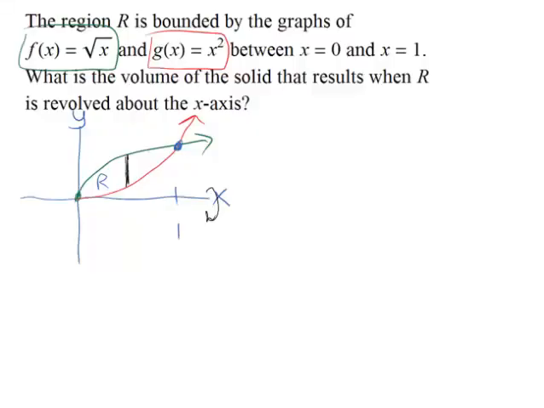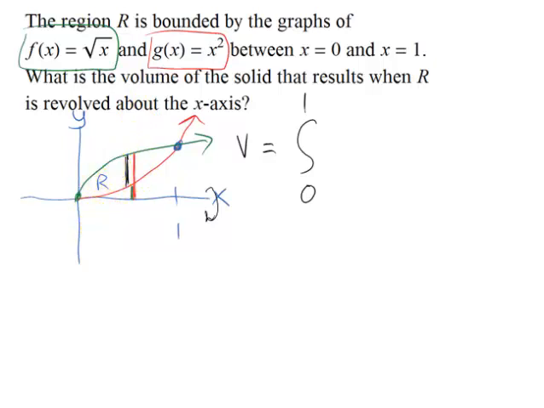Now let's go back and see if we can express an integral that will lead us to the volume of this solid. So our x values are going to range from 0 to 1. And if we found the disk and then subtracted off this hole in the middle, this little disc that formed the hole, we would have the washer.